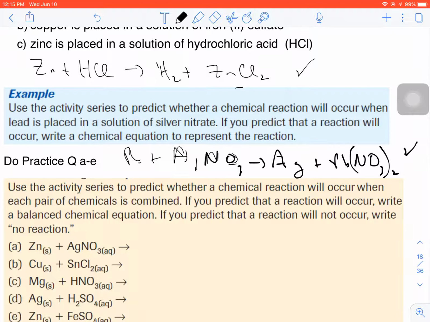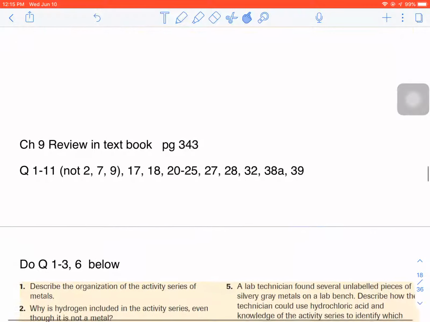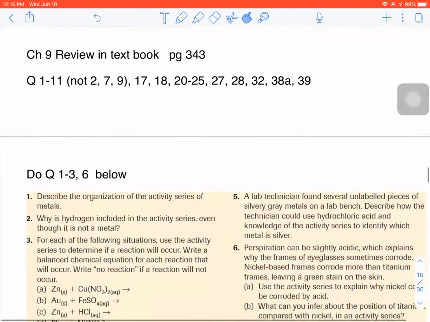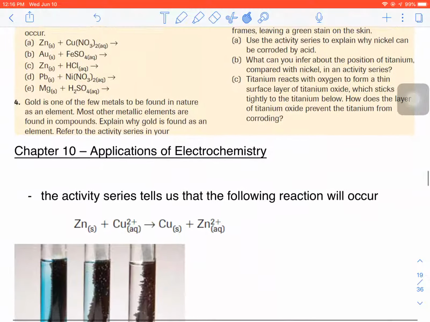Okay, so I'm going to stop there. There are some questions, A, B, C, D, and E, which are right here. So I'm going to get you to work on those questions, A to E, and then we're done this section of the text.